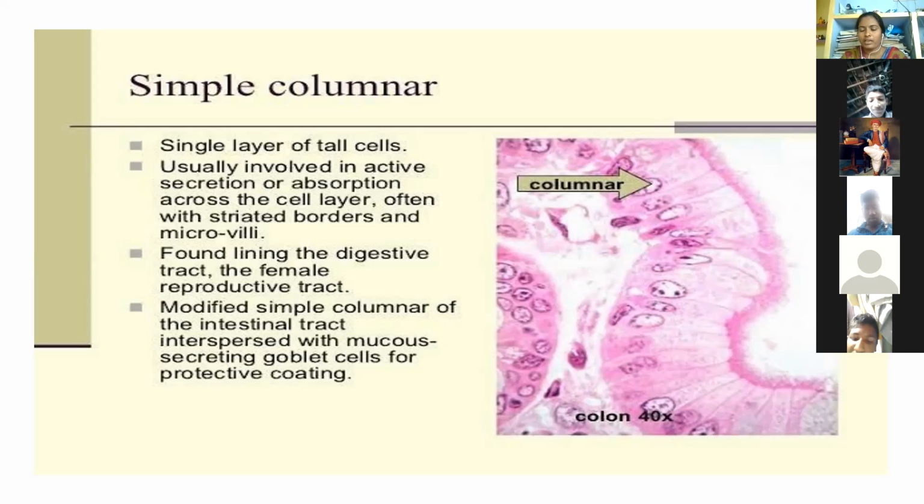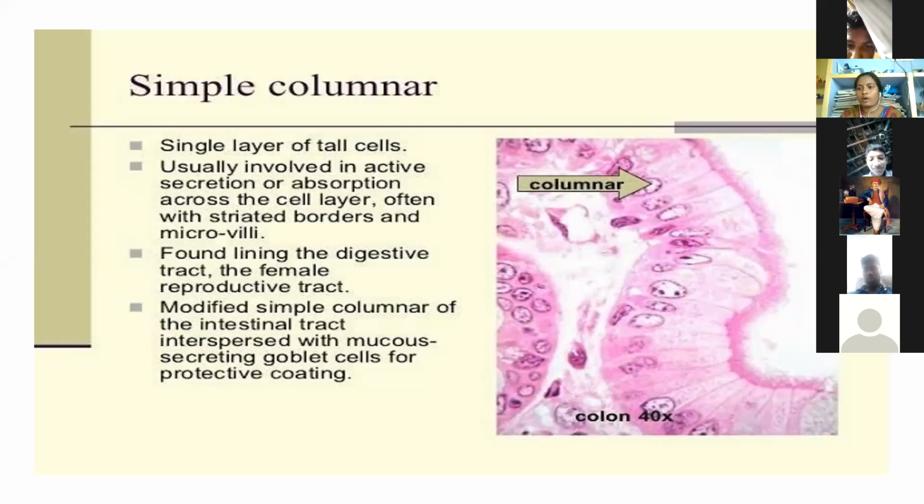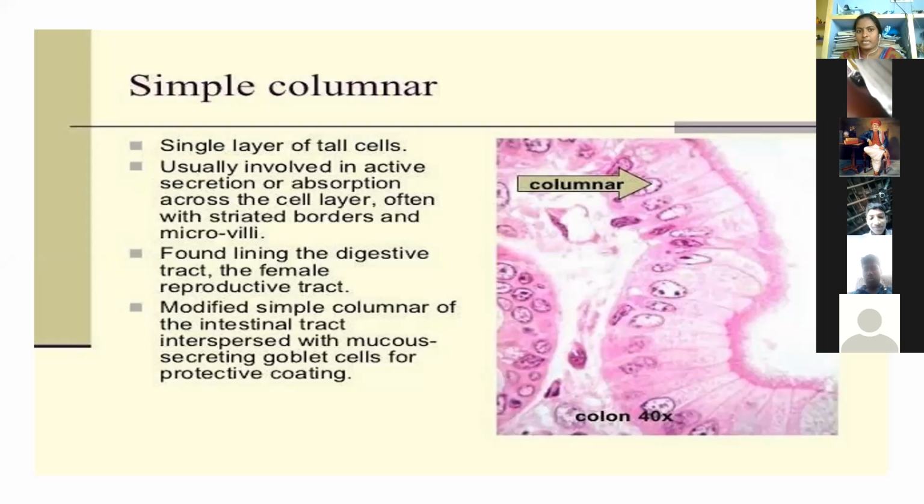The columnar epithelial tissue of the intestinal tract is interspersed with mucus-secreting goblet cells for protective coating. It is also a protective tissue. The simple columnar epithelial cells form a single layer and have tall cells.